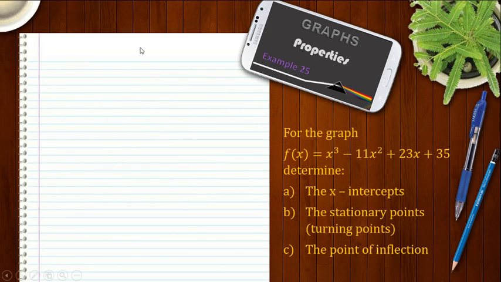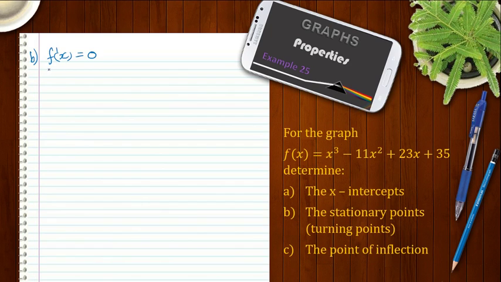Okay, and then for question B. Now the stationary points, or the turning points, remember what we had to do? We had to find the first derivative and equal it to 0.